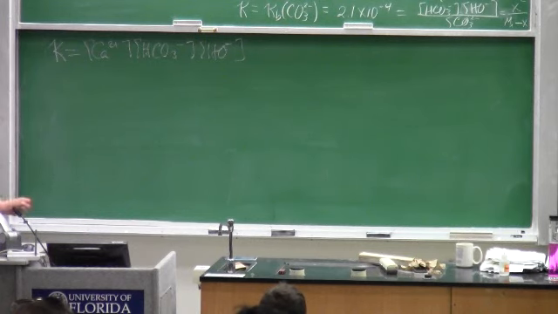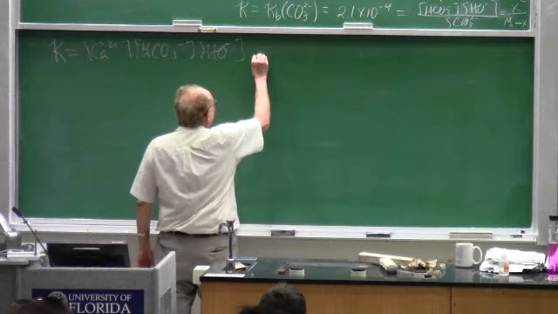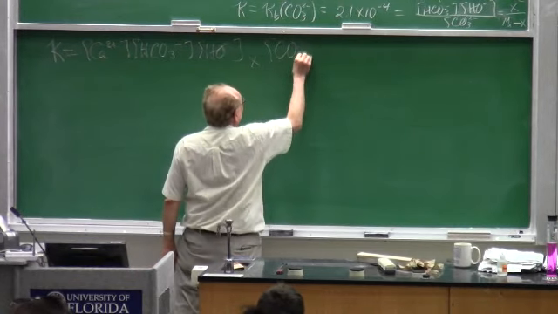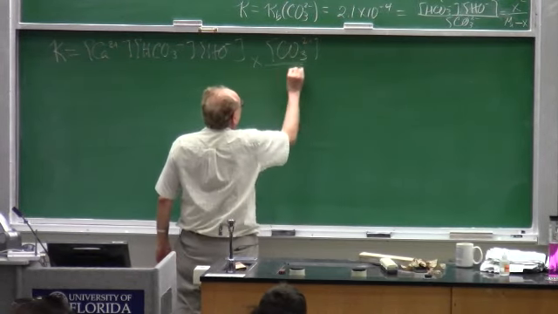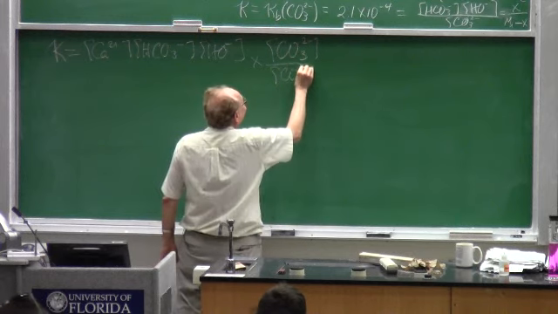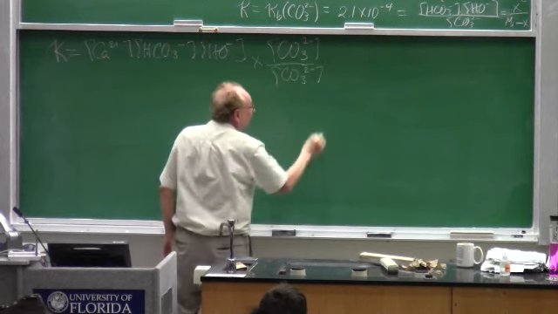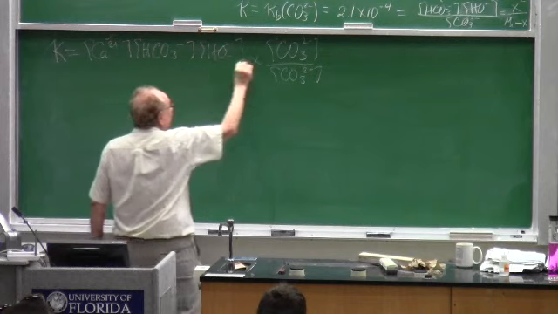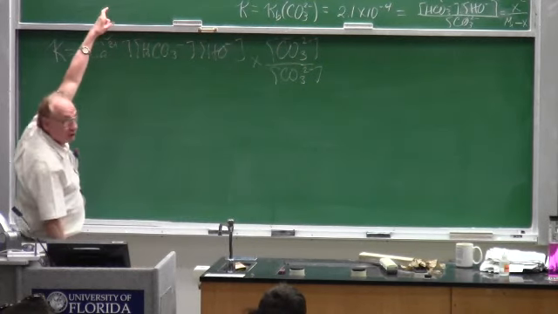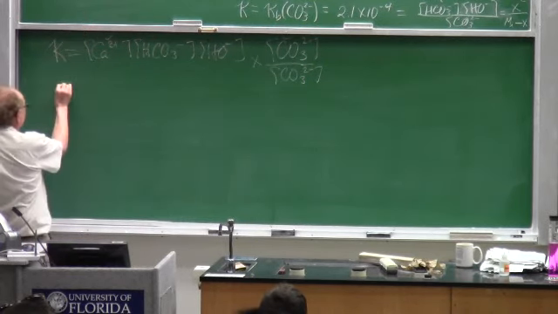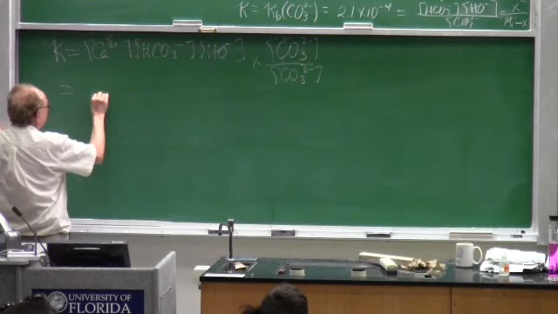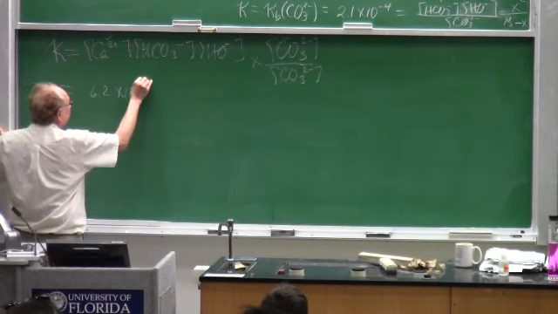Now how do I get this achieved arithmetically? Oh, this is really tough. I do this. Because when I do this, it allows me to use this version of KSP for calcium carbonate, which is 6.2 times 10 to the minus 9.